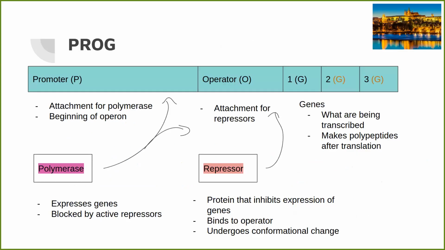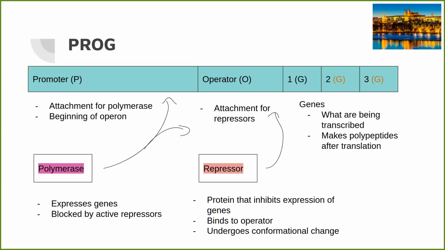Here we see in more detail that simplified diagram from the previous slide. There are three main sections of an operon: the promoter region first, followed by an operator region, then the genes after that. The promoter and operator regions control whether regulation is active, and also affect the transcription of genes further down the DNA.